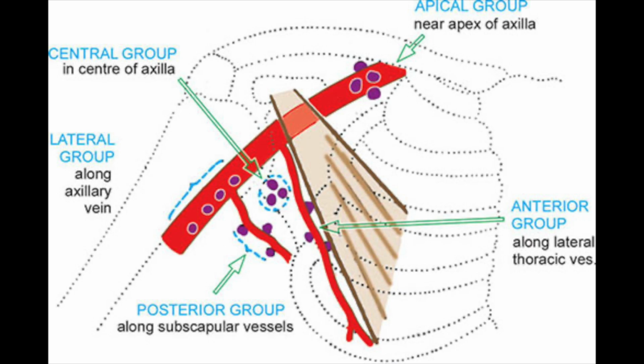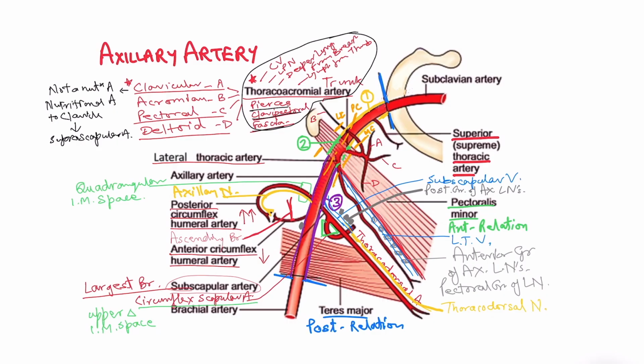So that will be the lowest portion of this axillary artery, somewhere after giving out the subscapular artery here. These are the lateral group of axillary lymph nodes.